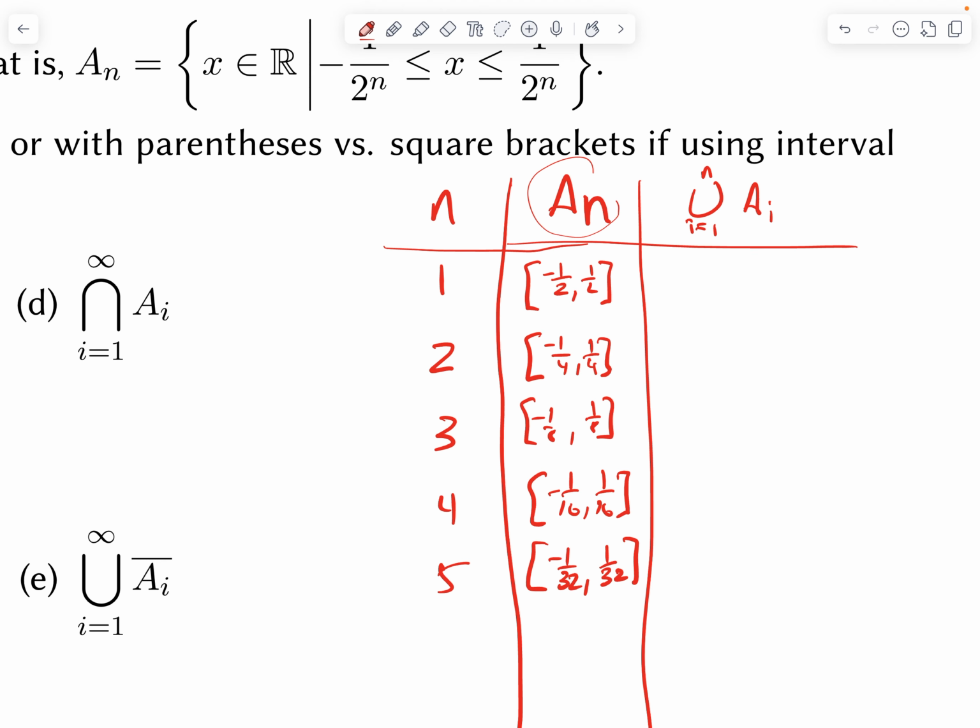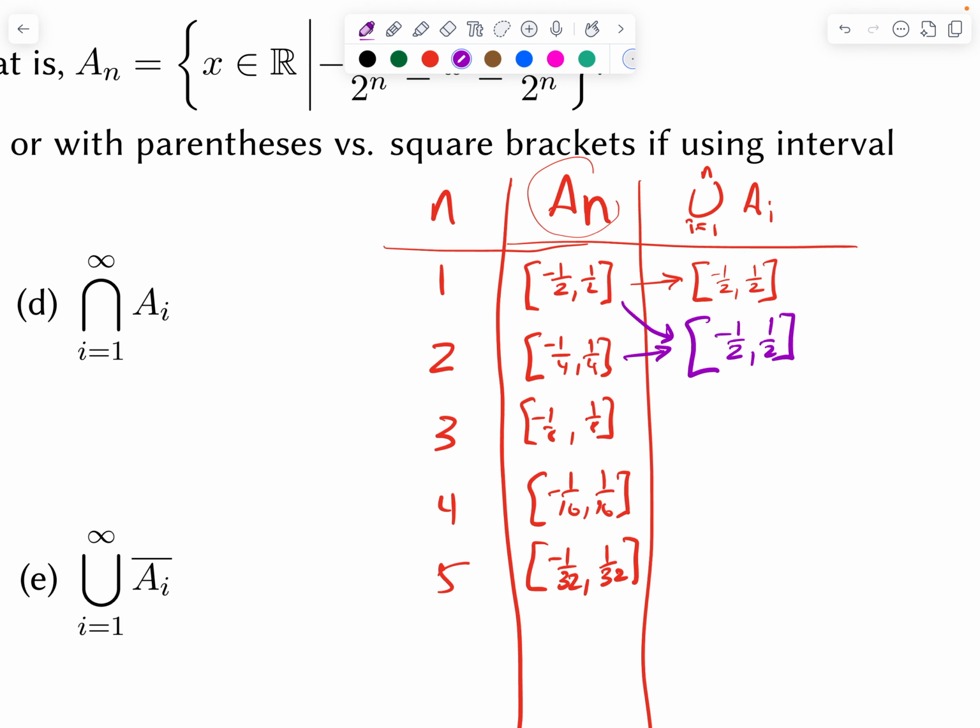Now when we do a union, we're unioning together everything up to this point. So here, this is just negative 1/2 to 1/2. This next one, we're unioning together this and this, and you still get negative 1/2 to 1/2.